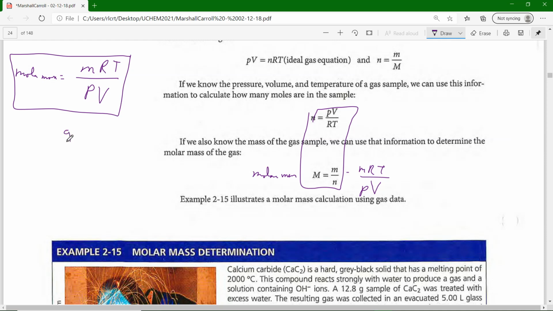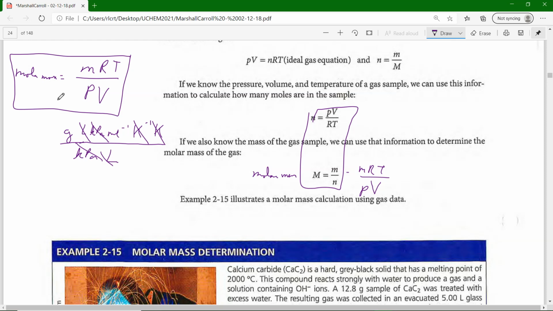Mass is grams, R is liters kilopascals per mole per Kelvin, temperature in Kelvin, divided by pressure, let's say kilopascals, volume in liters. So liters cancel, kilopascals cancel, Kelvin and Kelvin cancel, and I get grams per mole, which is exactly the unit of molar mass.